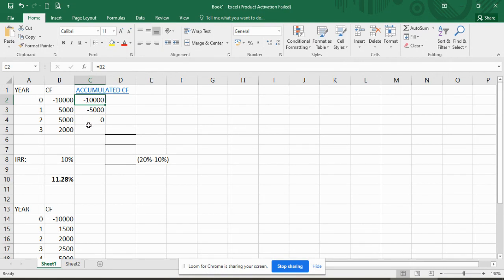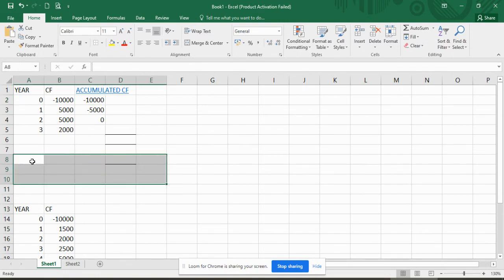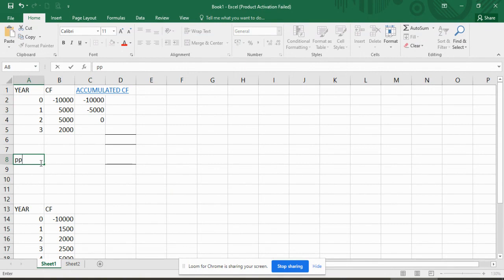Therefore, your payback period would be equal to 2 years. Right? So that is how you calculate. You find the cash flow, then you have accumulated cash flow.